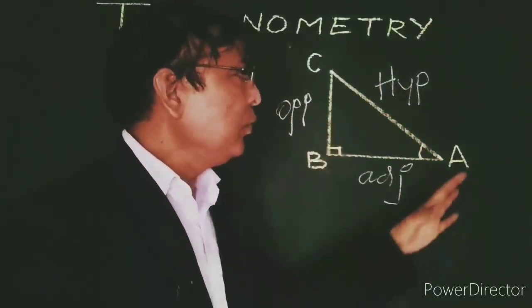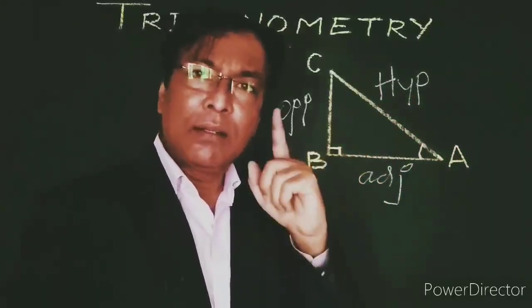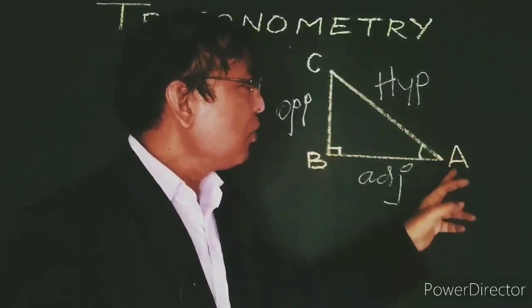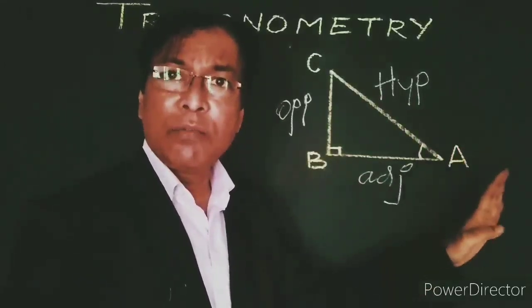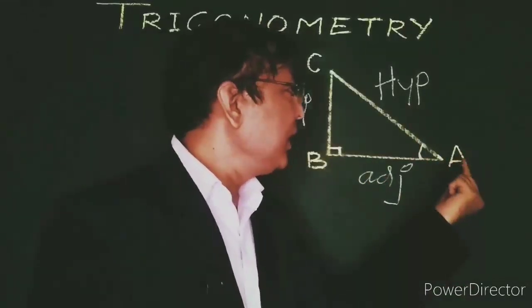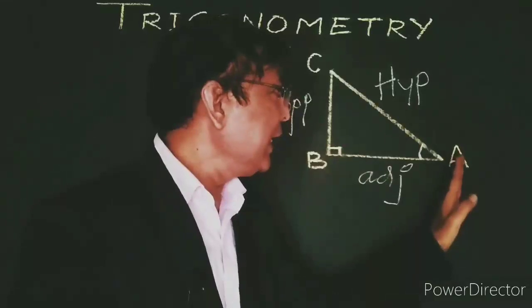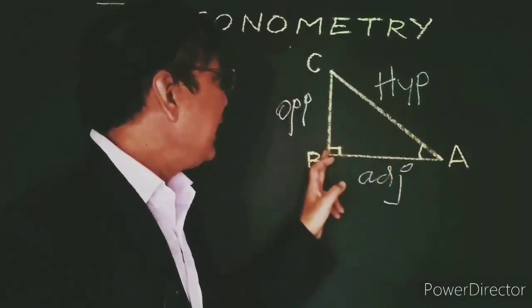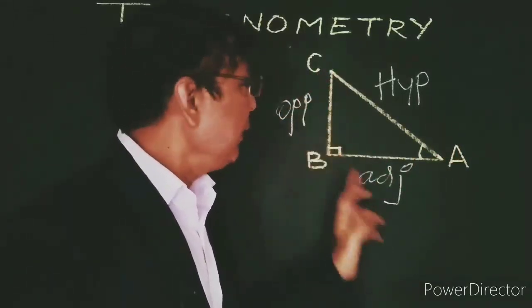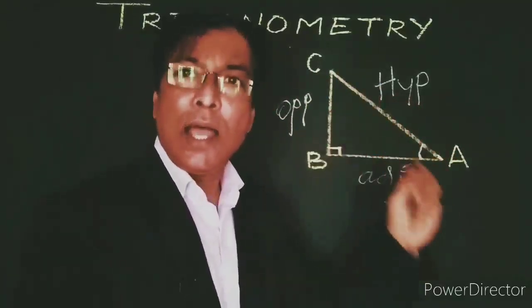So, whenever we name the sides of a right-angled triangle, we should take into consideration from which angle we are observing the triangle. For the time being, we are observing this triangle from angle A. Therefore, side BC is the opposite side, side AB is the adjacent side, and side AC is the hypotenuse.